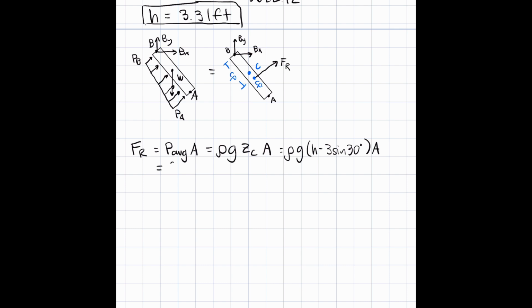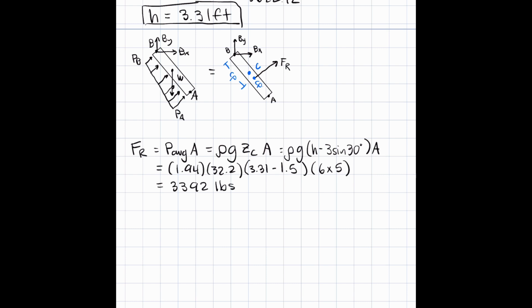So let's evaluate this numerically, plugging in our density, our gravity, and h equals 3.31 minus 3 sine 30, which is actually just 1.5, and then times our area, which is 6 feet times 5. And that is going to come out to be about 3,392 pounds. So that's going to be our resultant force.